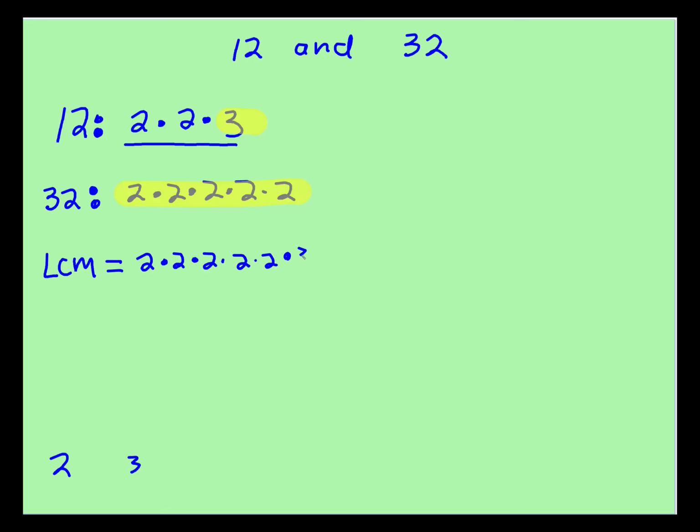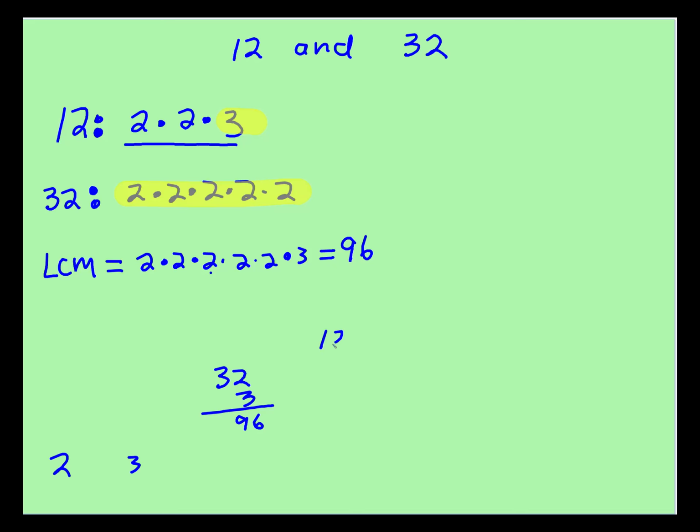And then you multiply it by 3. So 2 times 2 is 4, times 2 is 8, times 2 is 16, times 2 is 32, times 3. So 32 times 3. 3 times 2 is 6. 3 times 3 is 9. 96.